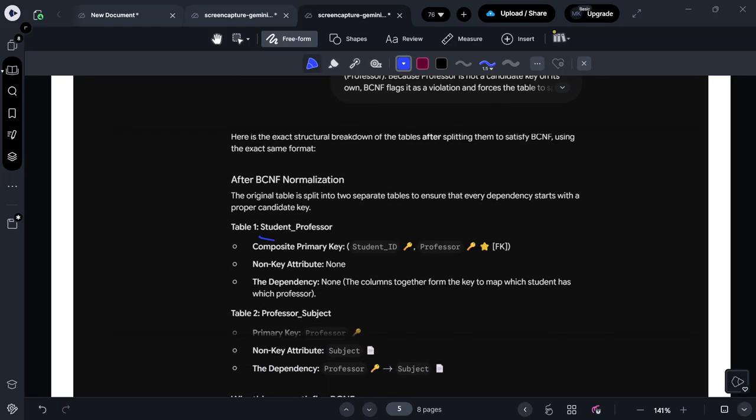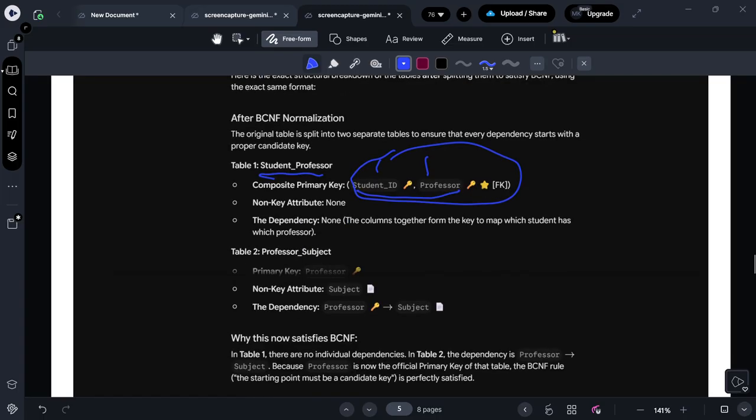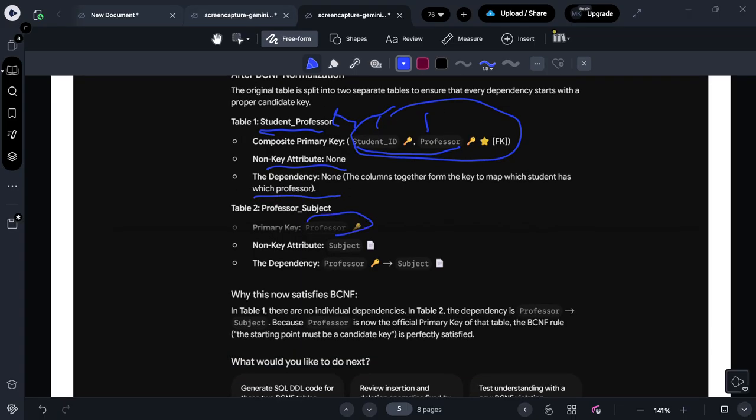So before, we have this table, we have a composite key like this, where one is a foreign key, one is a primary key, but both are used as a composite primary key of this table. Then we have no attributes that depend on each other, no dependency. Then we have another table where we have one key and one key attribute, we have dependency, where this is derived.